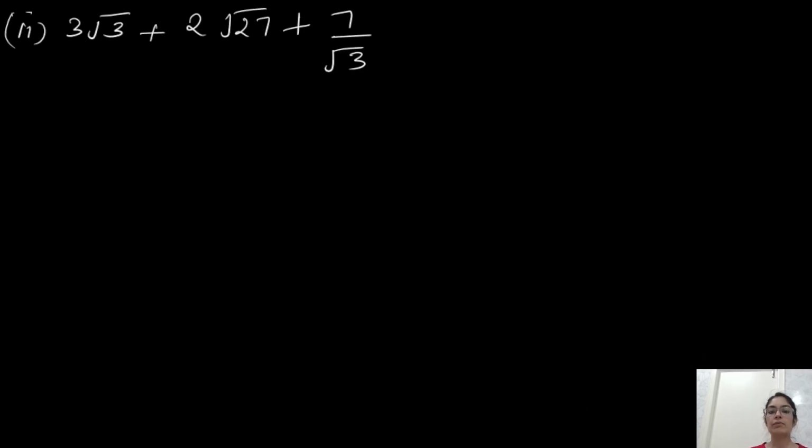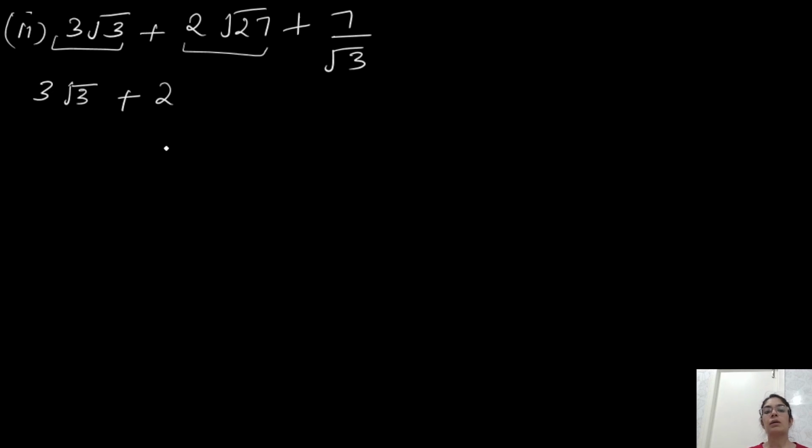Okay. Same way here also we have to add 3 numbers, and the numbers which we have to add are irrational numbers. So 3 root 3 means 3 into root 3, plus 2 root 27. Root 27 we have to simplify.